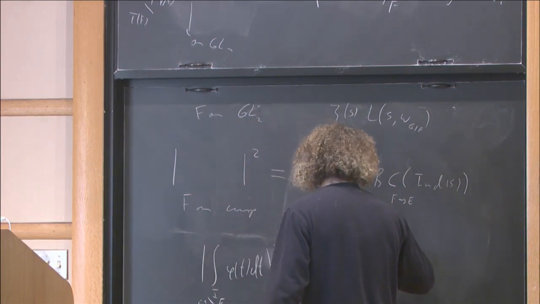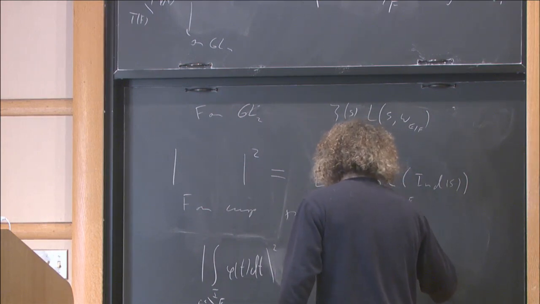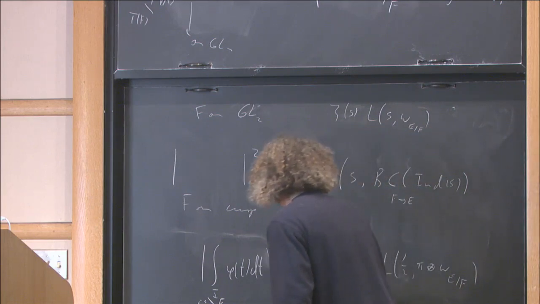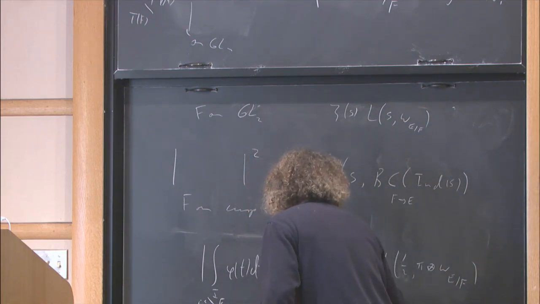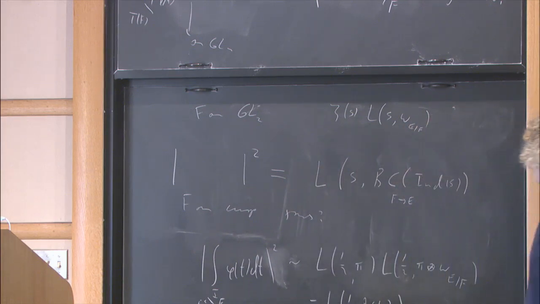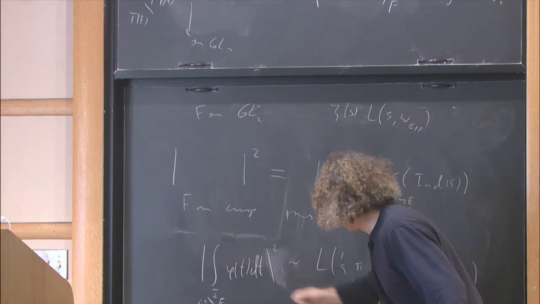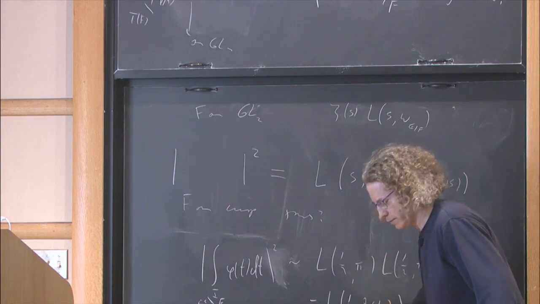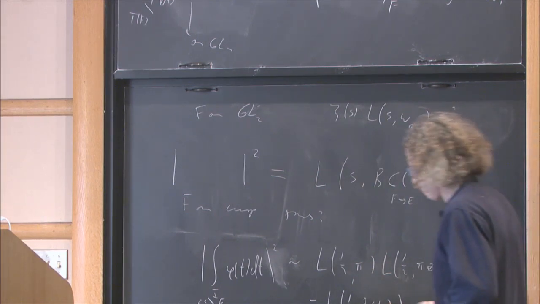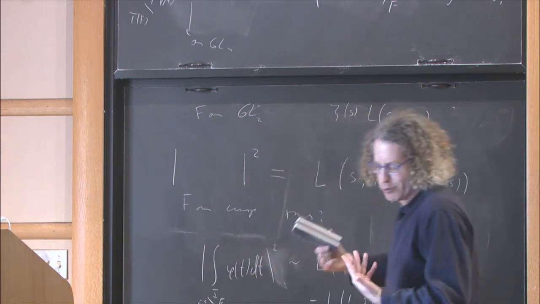And by the way, this is the same thing as the base change L function. But if you put a character here, then somehow this collapses, and what you really have is something like that. Anyway, that kind of would be an expectation.